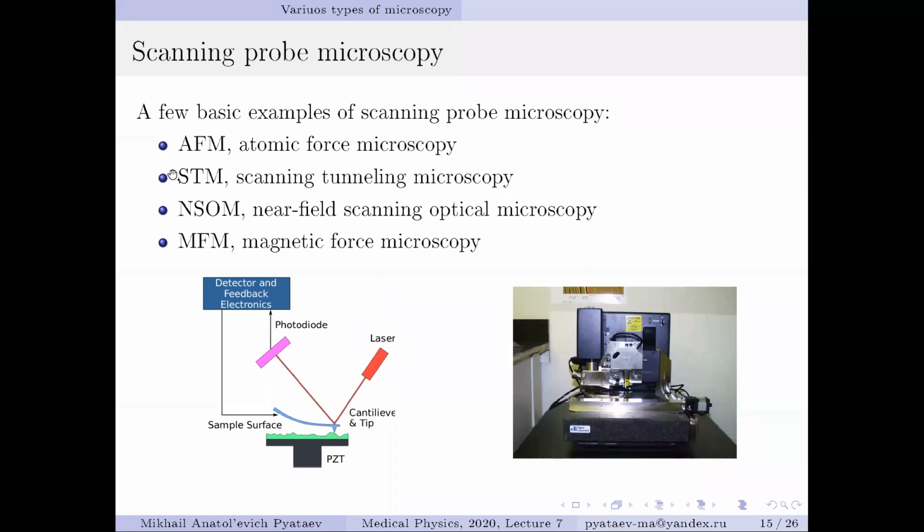Another way of scanning probe microscopy is scanning tunneling microscopy, which is applied for conductive objects, where not a force but an electric current is measured between the probe and the specimen.